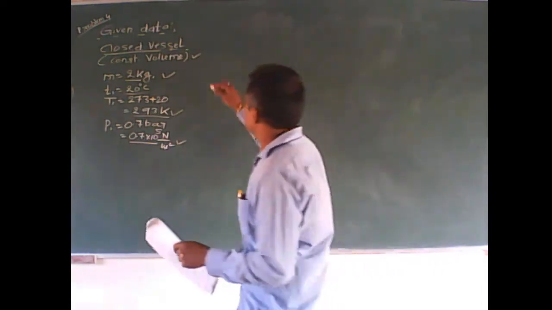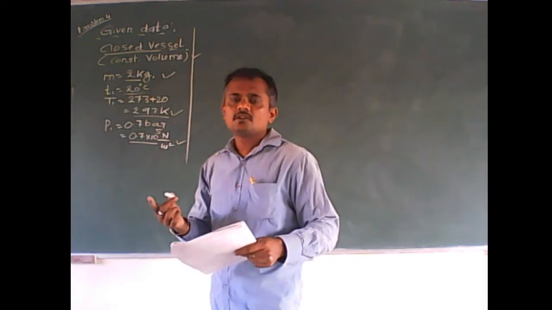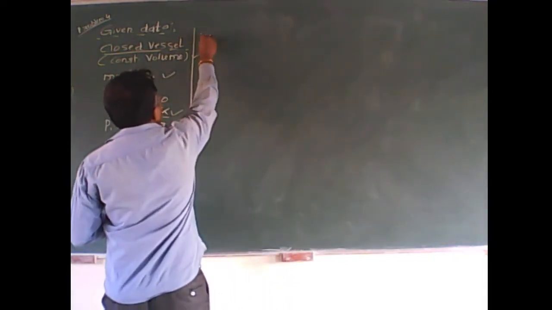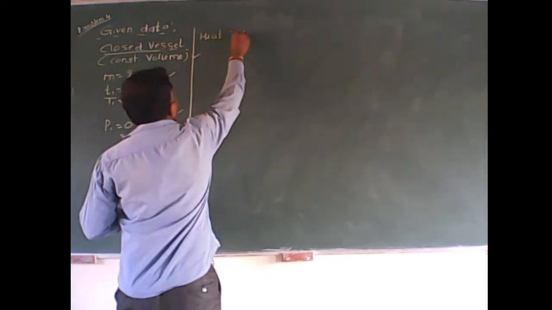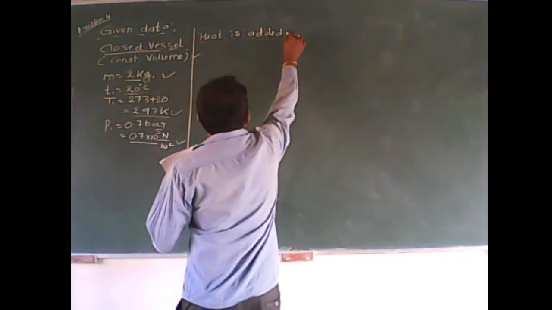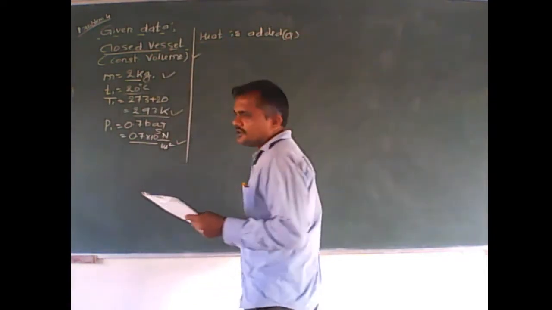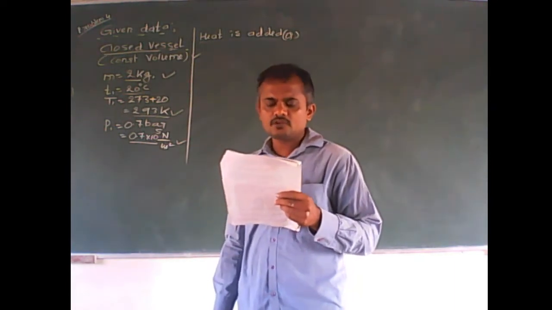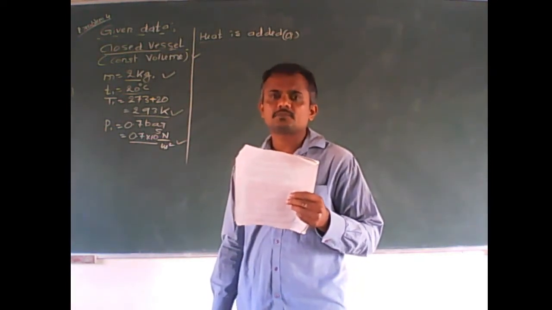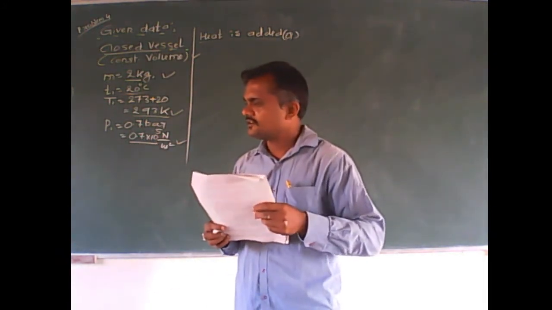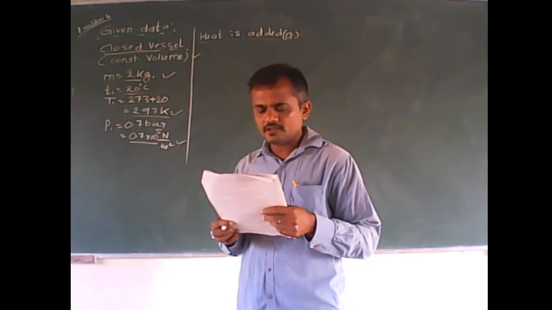So afterwards what happens? Heat is added. What is the process which is taking place? Addition of heat is taking place. Heat means Q is added to the gas that is present in the closed vessel, that is 2 kg.